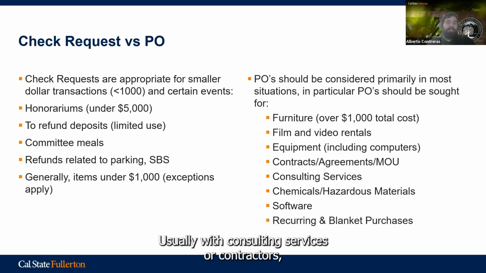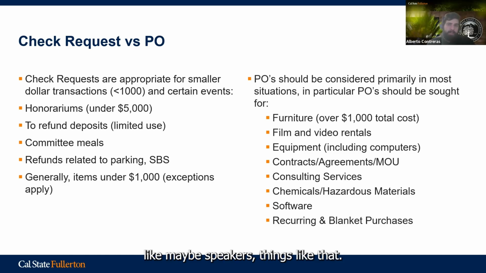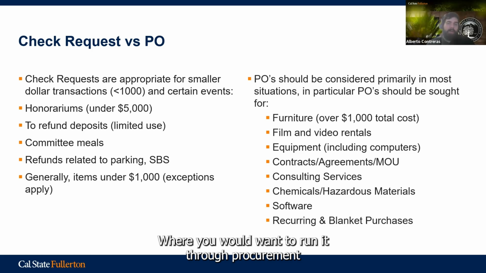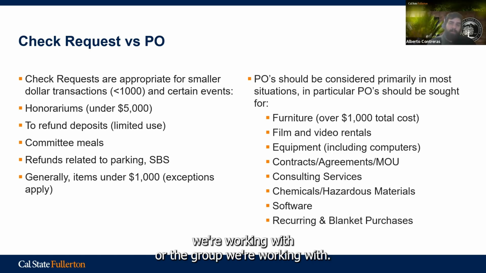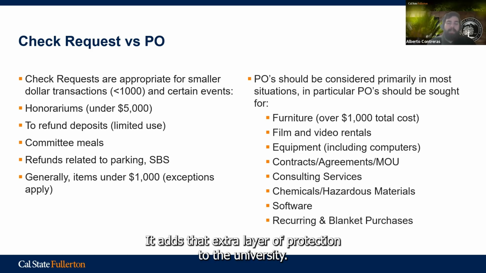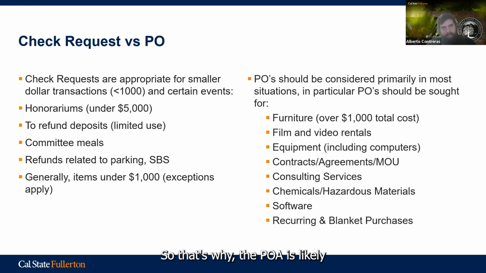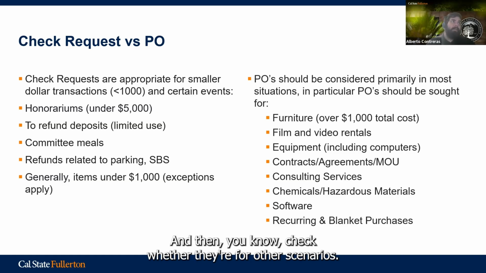Usually with consulting services or contractors, like maybe speakers, you would want to run it through procurement because they do those additional checks. They make sure that the person or group we're working with falls under our terms and conditions. It adds that extra layer of protection to the university. So that's why the PO is likely to be where you want to start. And then the check request is there for other scenarios.